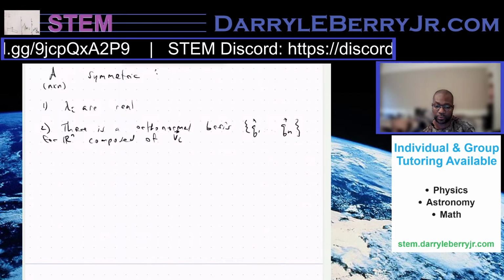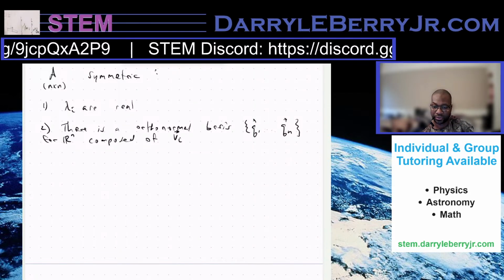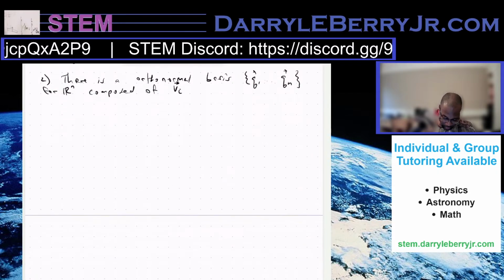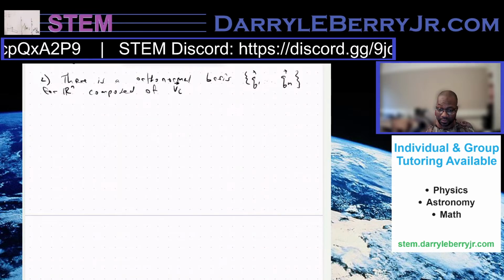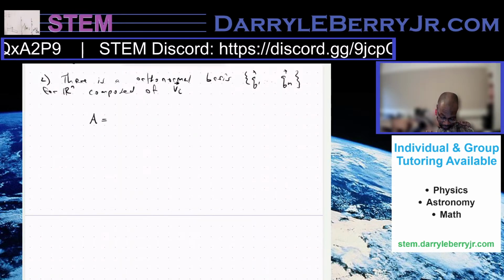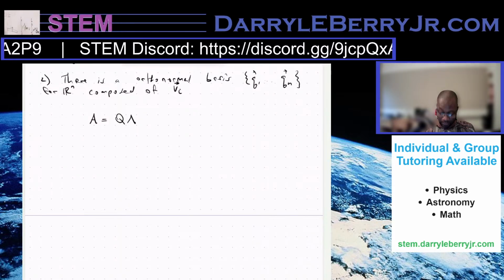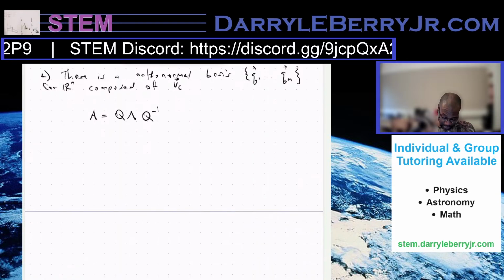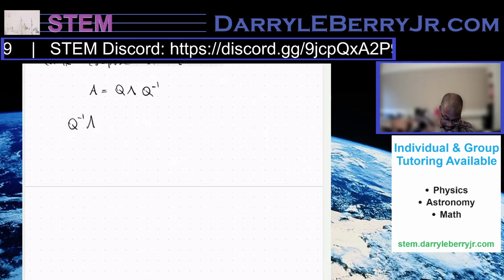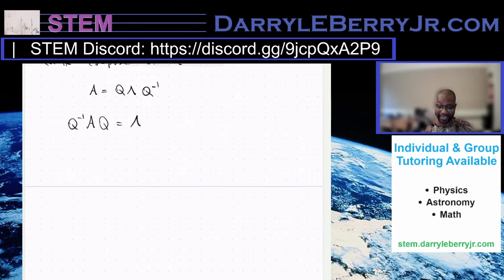That is, there is an orthogonal matrix Q, so that Q inverse AQ equals a diagonal matrix. So there we go with the diagonal definition. A equals Q diagonal Q inverse. So Q inverse A Q equals a diagonalized matrix.